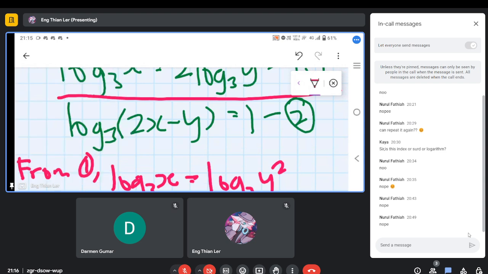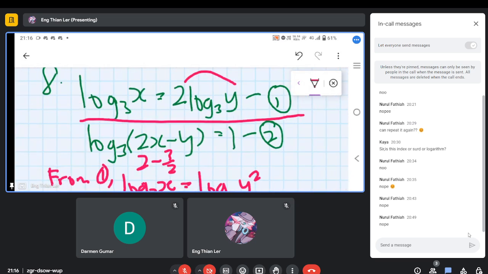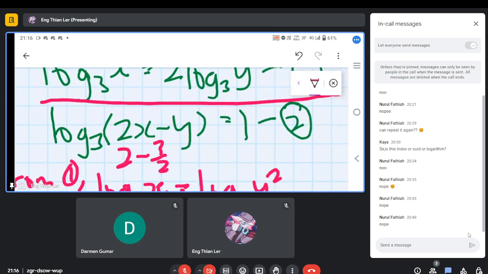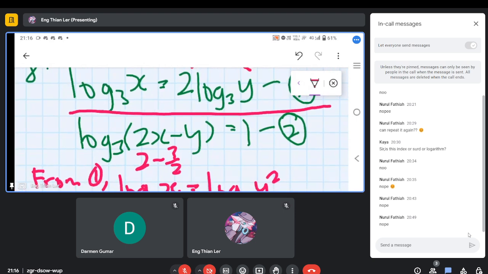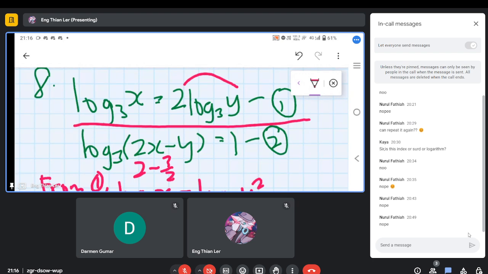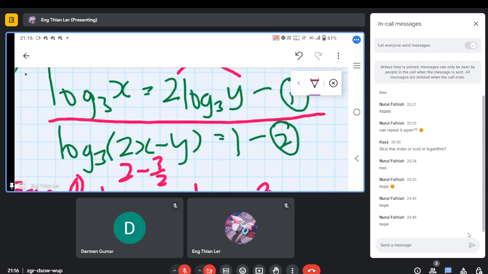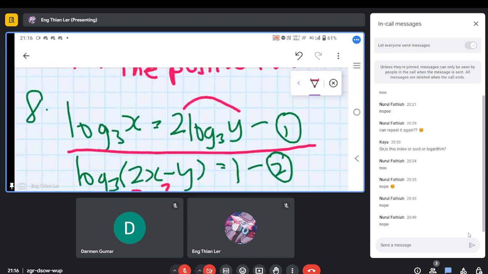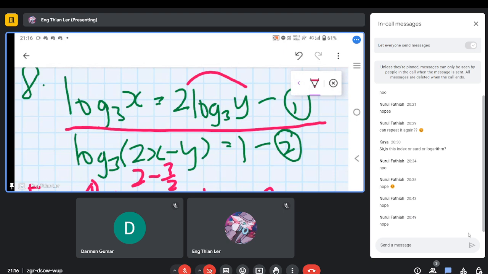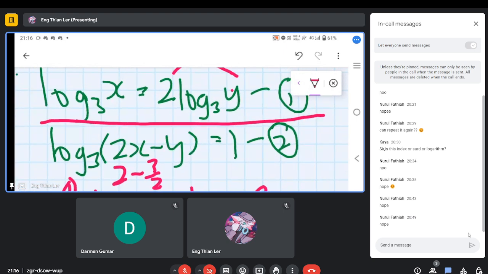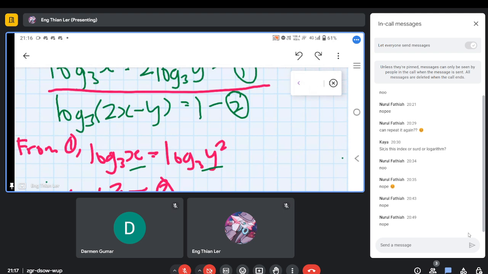When x equal to 1, 2 minus 3 over 2, actually not negative, right? Never mind.